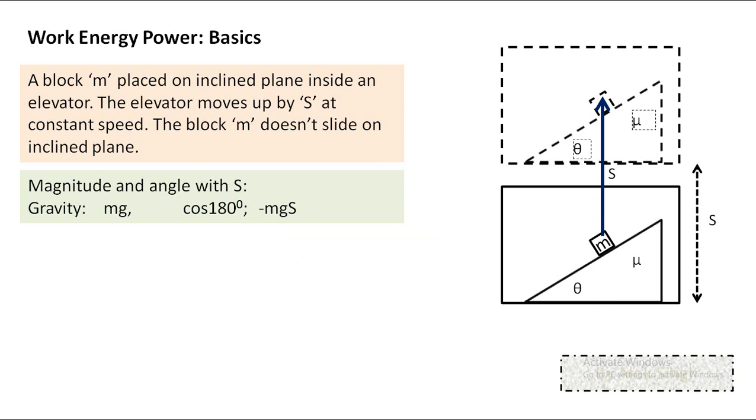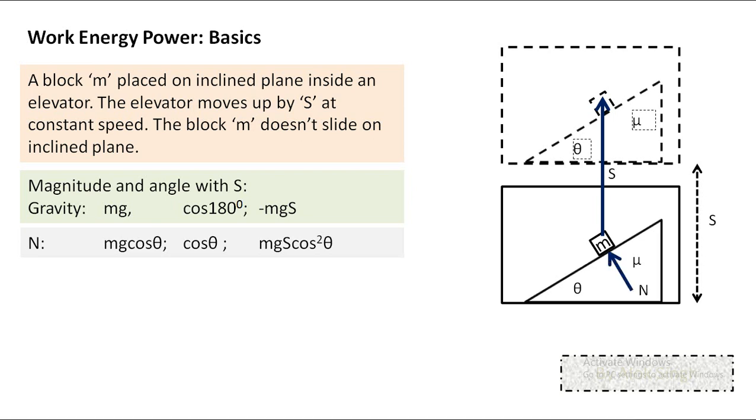Next, we look at the normal reaction. There is no acceleration, since it is moving at constant speed, hence acceleration is 0. So in the case of 0 acceleration, the normal reaction is equal to mg cos theta. What is the angle between the normal reaction and the displacement?